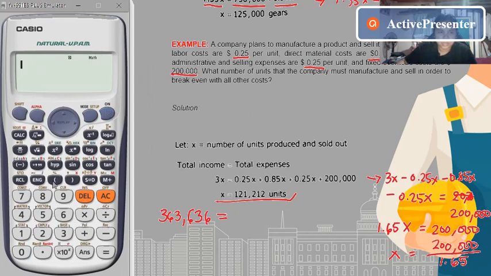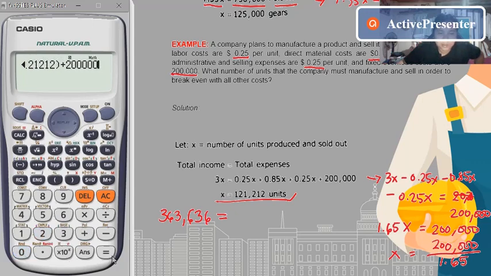We substitute our x: 0.25 times 121,212 units plus 0.85, we just copy, plus 0.25x, plus our 200,000.